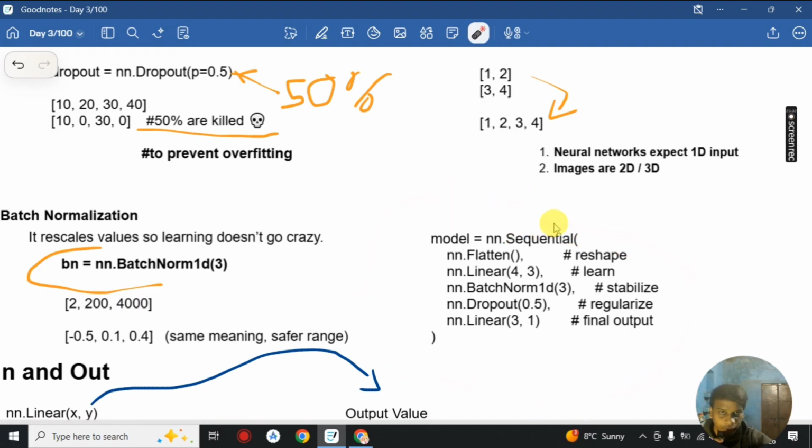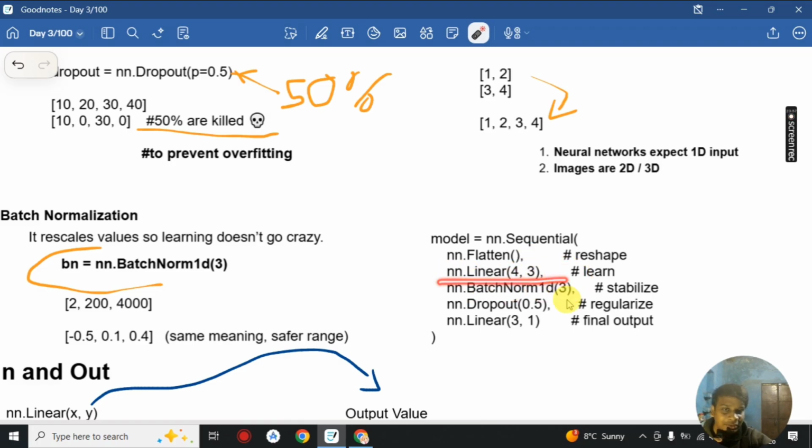Concluding it all together, we could make a network by first importing nn.Sequential, which is basically stacking the layers inside it. First we do flatten here, which converts a matrix or high-dimensional tensor to a 1D input.